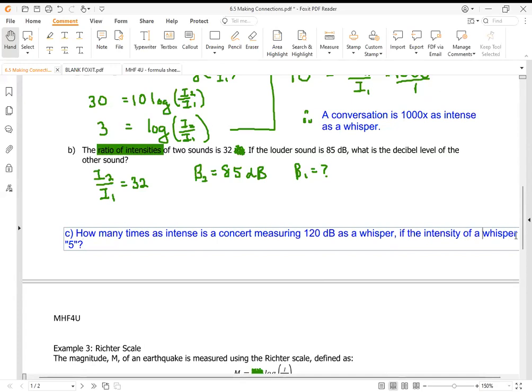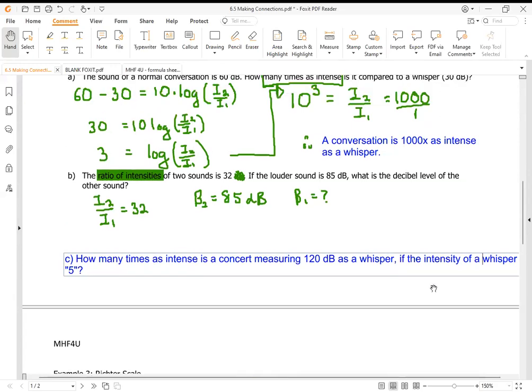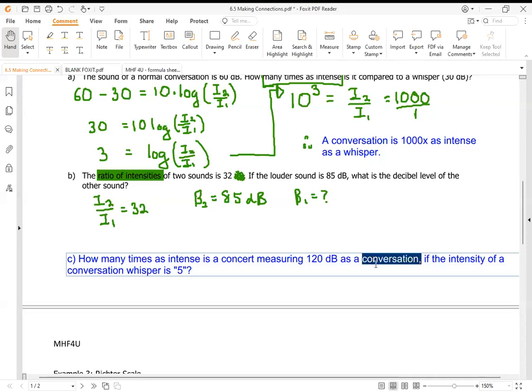If the intensity of a conversation is 1,000 times, would that work?